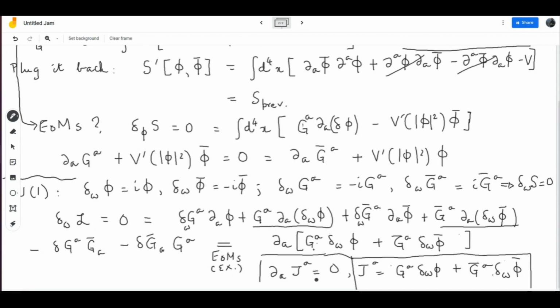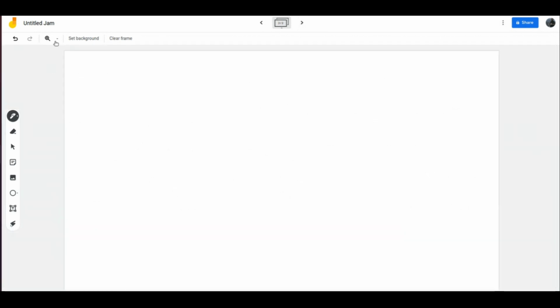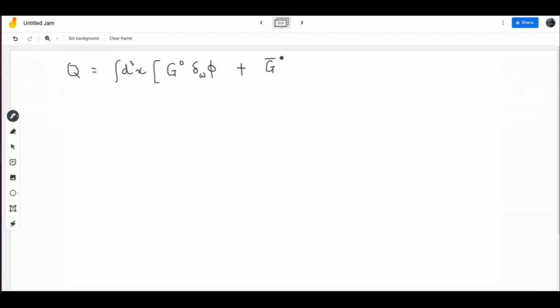Now let us go to the next page and look at the Noether charge. So what is the Noether charge? The Noether charge, the U1 charge, is the integral d cube x of G^0 delta omega phi plus G bar^0 delta omega phi bar.